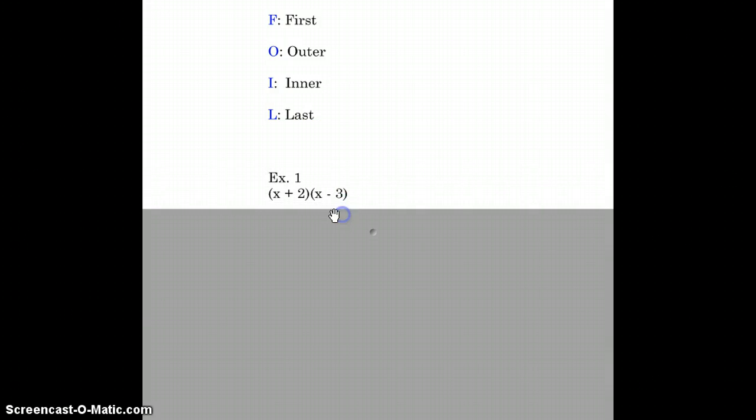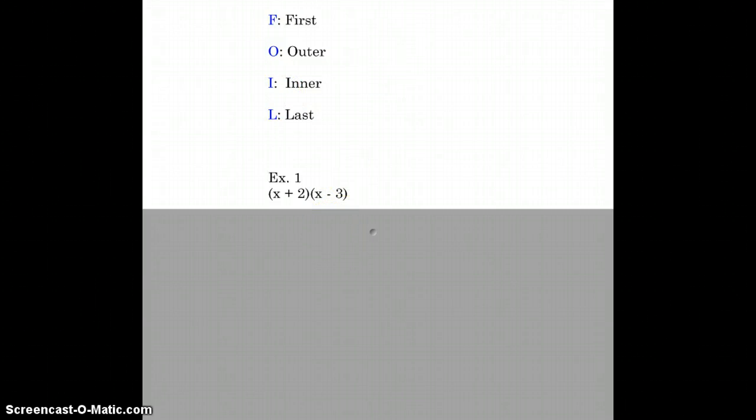Example 1. We've got the quantity of x plus 2 times the quantity of x minus 3. We've got to make sure we multiply all the appropriate things by each other. Really we've got this whole quantity times this whole quantity, so each term here multiplies by each term in this quantity. To help us remember which ones we multiply, that's where we use FOIL.